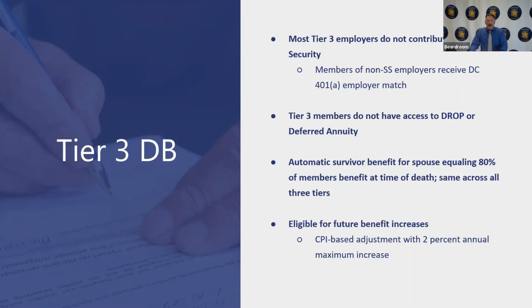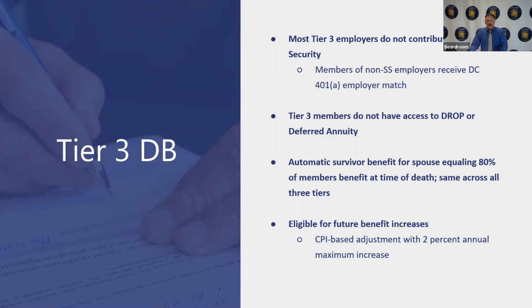Tier 3 members do not have access to DROP or deferred retirement like you're going to see in Tier 1, Tier 2. That automatic survivor benefit, which I will admit is somewhat expensive to the plan, provides 80% of the retiree's income payable to that surviving spouse for the remainder of their lifetime.